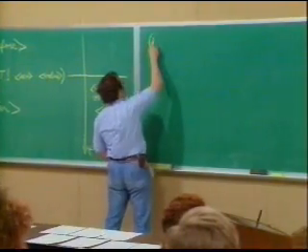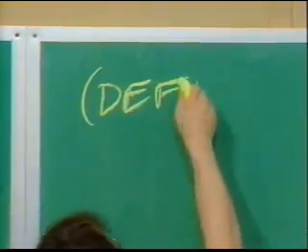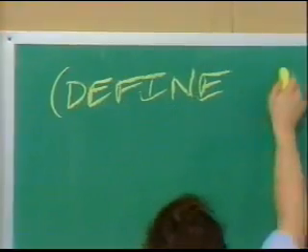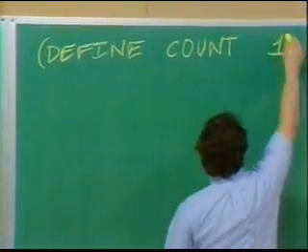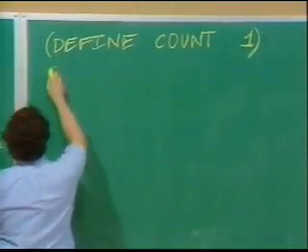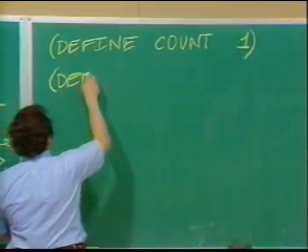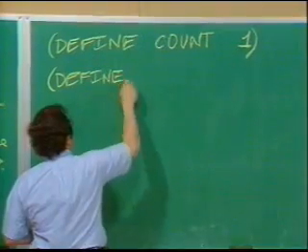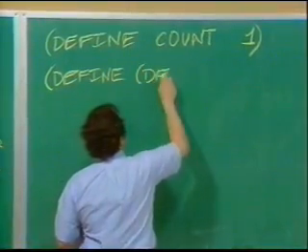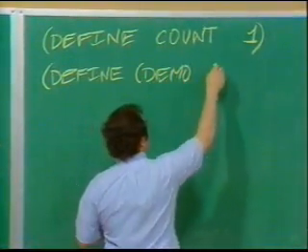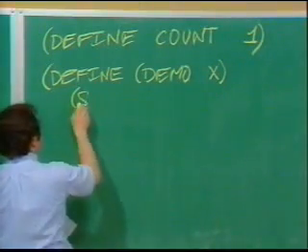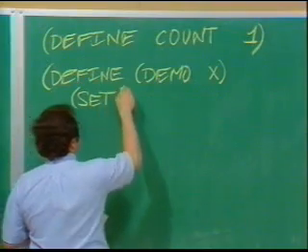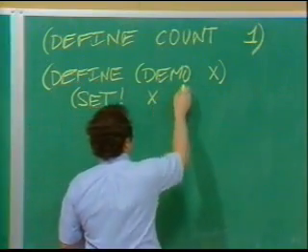So, for example, if I were to define count to be 1, and then I'm going to define also a procedure, a simple procedure called demo, which takes an argument x and does the following operations. It first sets x to x plus 1.